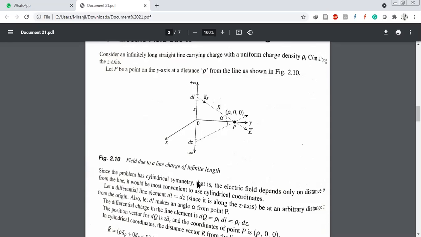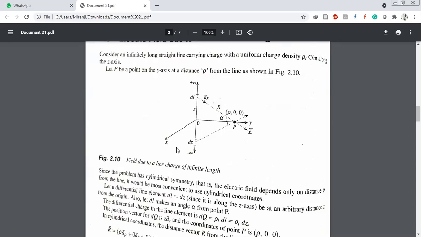Let us consider an infinite long straight line carrying charge with uniform charge density rho L, in coulombs per meter, along the z axis. Here they consider it along the z axis, but you may consider it differently for your convenience.